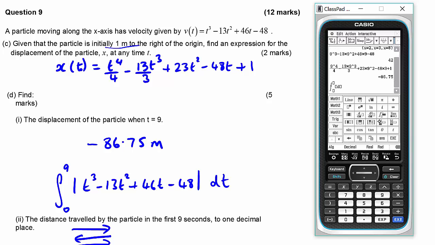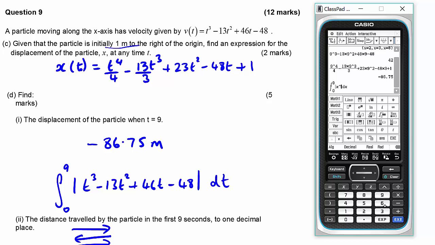So we're doing an integral from 0 to 9. I'll just use x rather than t. And there's the modulus.